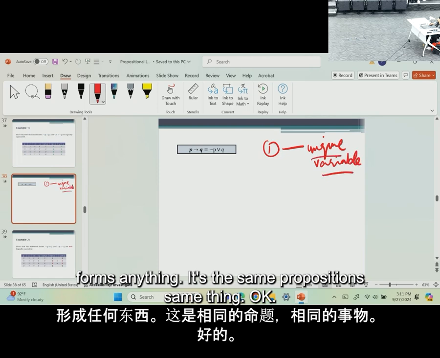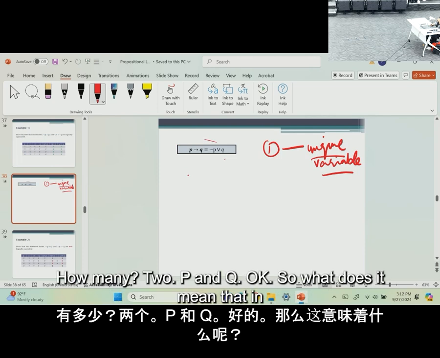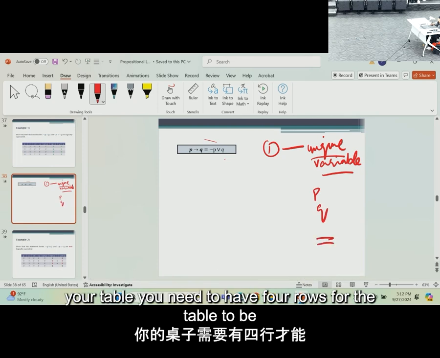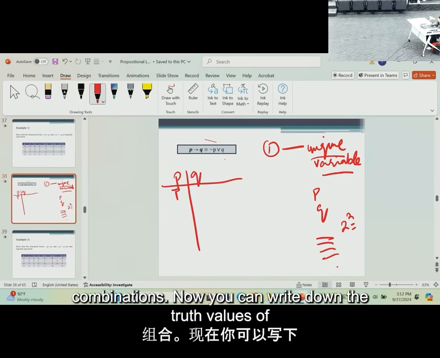Propositions, same thing. Okay, so look at overall how many unique variables you have. How many? 2, P and Q. Okay. So what does it mean? That in your table you need to have 4 rows for the table to be complete. So let's write down the truth values, all the combinations.